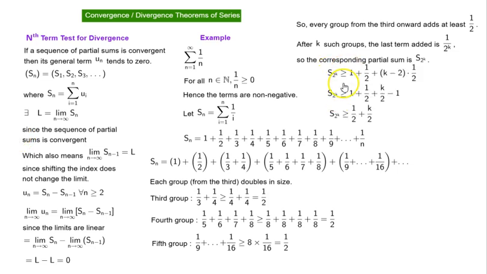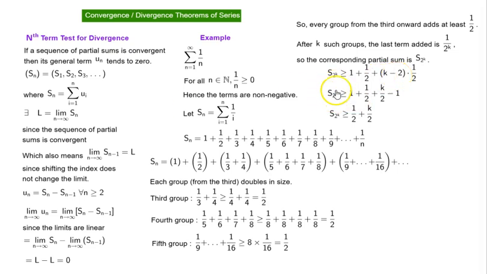Now, S sub 2 to the power of k is greater than or equal to 1 plus 1 by 2 plus (k minus 2) times 1 by 2. Why minus 2? Because the first two terms, 1 plus 1 by 2, we are taking as it is, and then we are looking at it from the third group onwards. So that is why k minus 2.